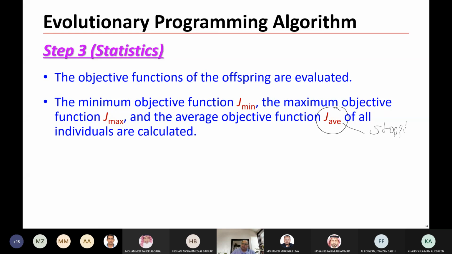If the minimum value is very close to the average, all the solutions are very close to one objective value, and you can stop the search based on this. Later we will discuss this, but what is needed is the J minimum and J maximum. Of course, you compare this J minimum with the old value, and you can update the best solution if needed.